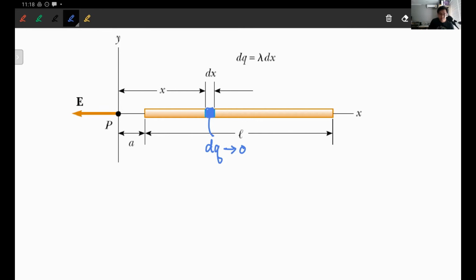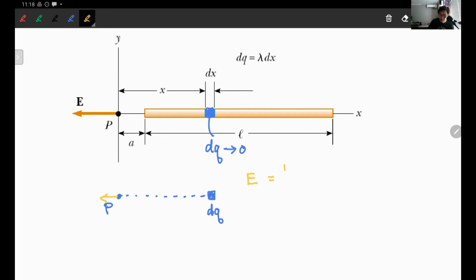So what happens when you have a mini charge of size dq at a distance, here we go. I'm just going to mimic the whole thing here. There you go. You can imagine that if you only consider what is going on between the dq and point P, you can calculate the electric field due to this dq following just Coulomb's law, or just the equation to calculate the field that we saw before.